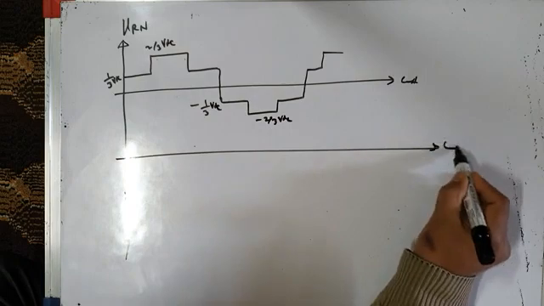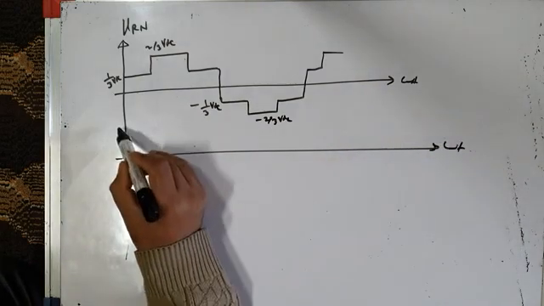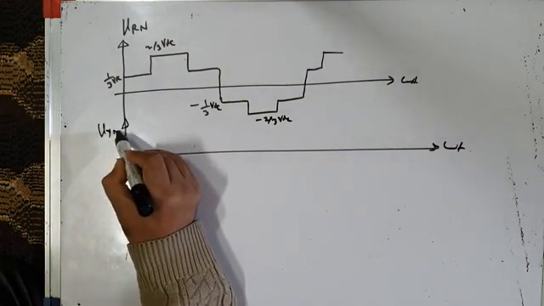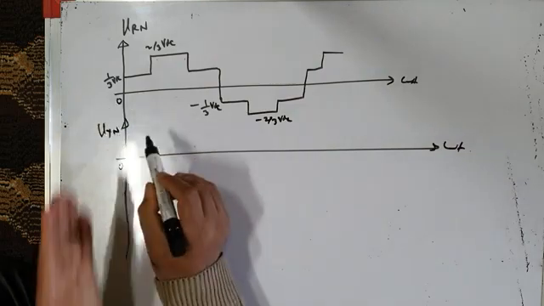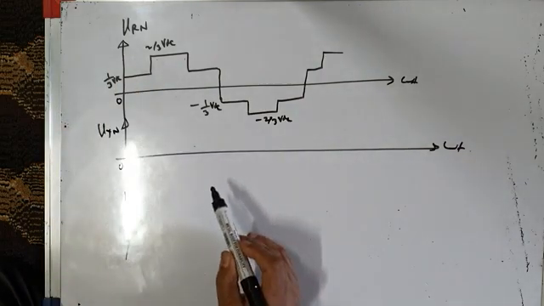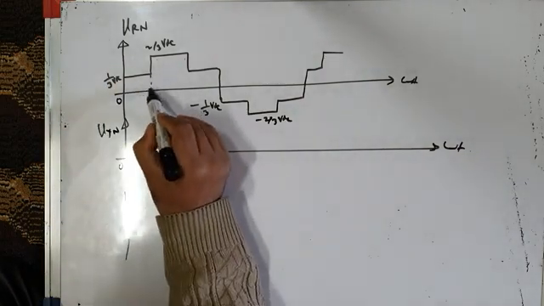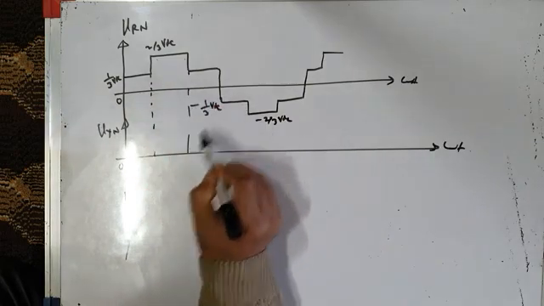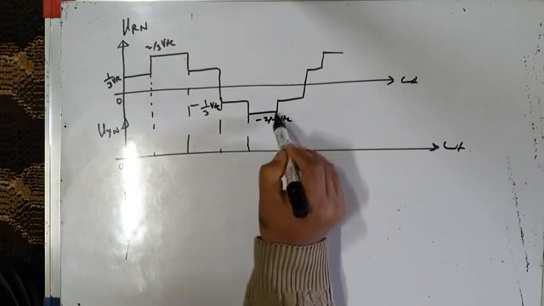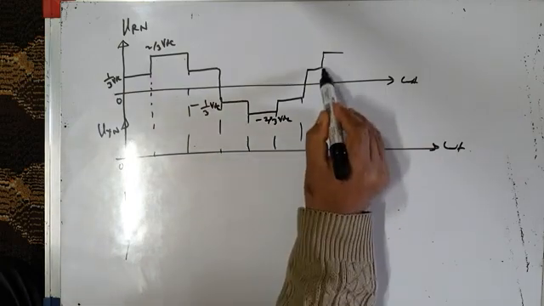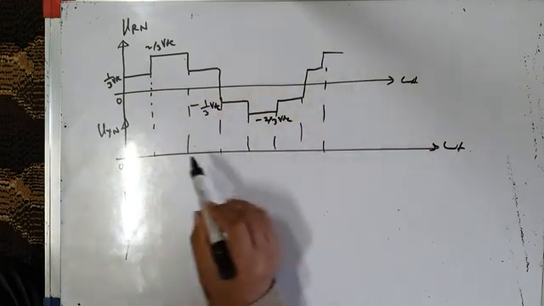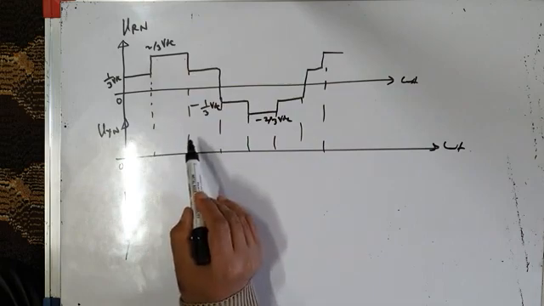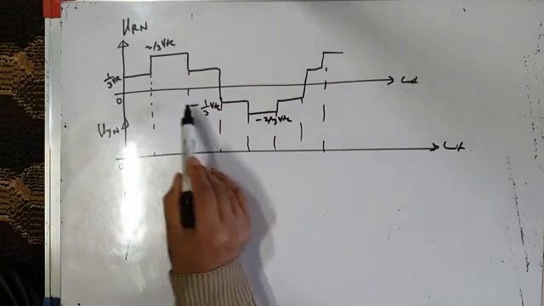What about VYN? Phase voltage VYN is displaced with respect to VRN by 120 degrees. See, this is a 60 degree interval. This is 60 degree interval. These are all 60 degree intervals. Phase voltage VYN will start after 120 degrees. 60 plus 60, 120 degrees.